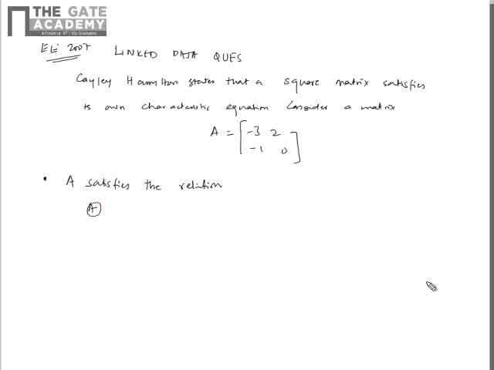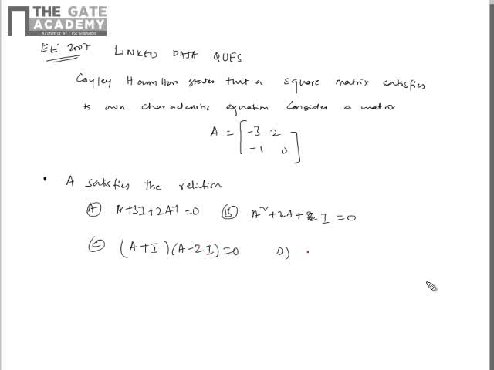Option A is A plus 3I plus 2A inverse is equal to 0. Option B is A square plus 2A plus 2I is equal to 0. Option C is (A plus I)(A minus 2I) is equal to 0. Option D is exponential of A is equal to 0.